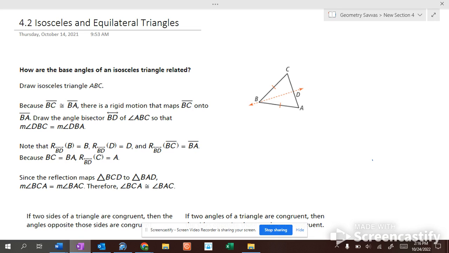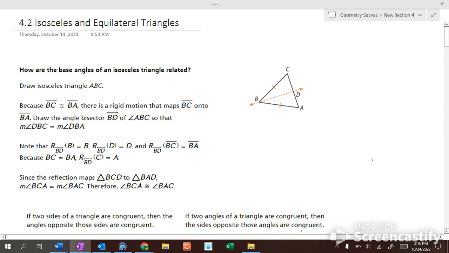Okay, so here's two sides of an isosceles triangle that are the same. So if we draw a line that splits this evenly and fold this over, what can I say about angles C and A? They're congruent. So what we call angles C and A are base angles.